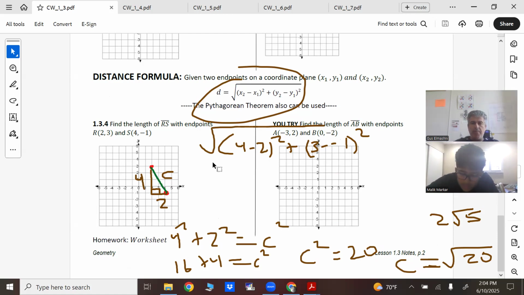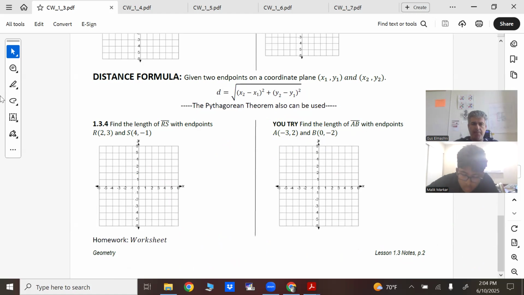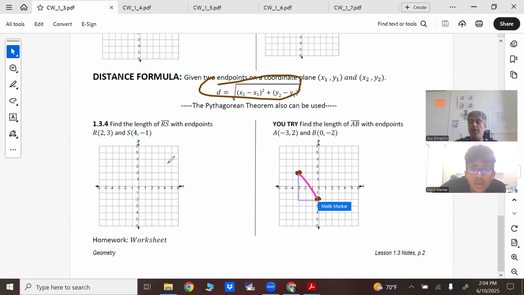So let's try one more here. I'll plot the points. I'll have you figure it out. So you don't really need to use this formula if you don't want to. You can just plot the points. Okay, and then just do all that. Okay, cool. How long is the horizontal leg? 2. Careful. Is that 2?